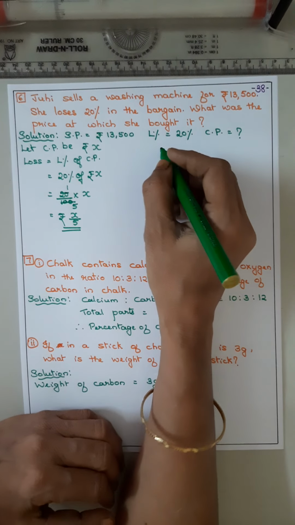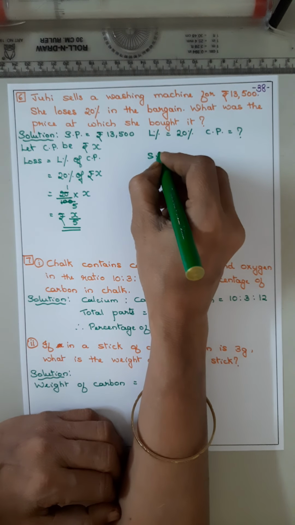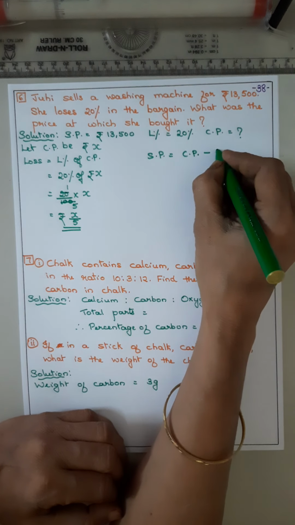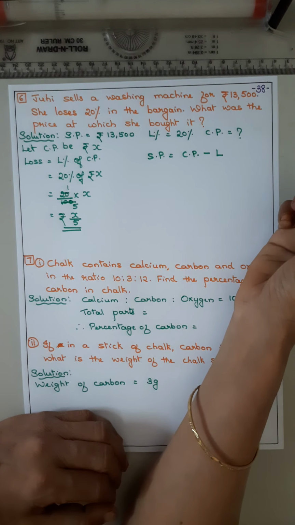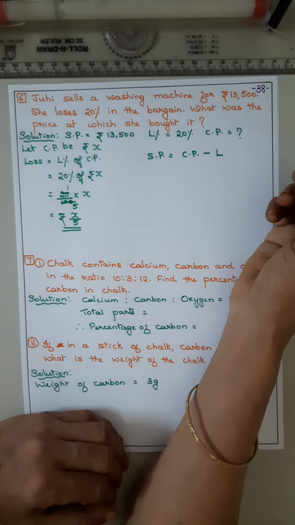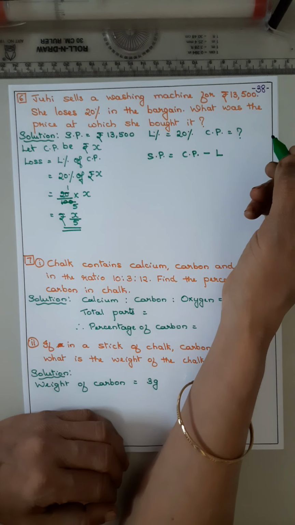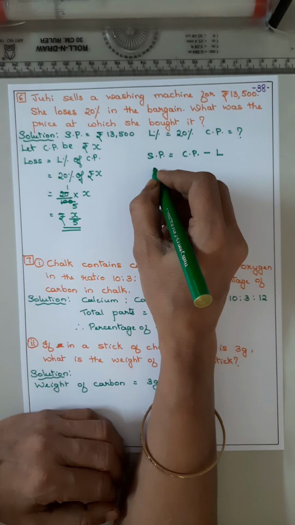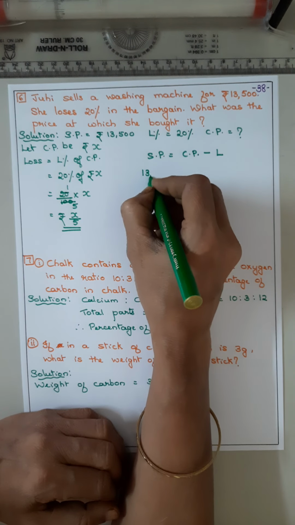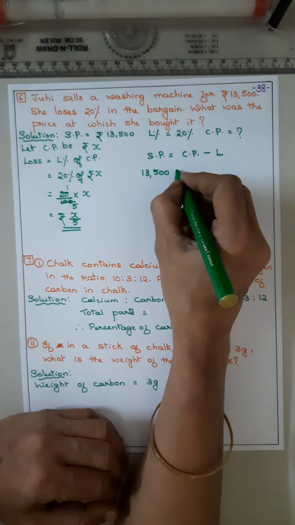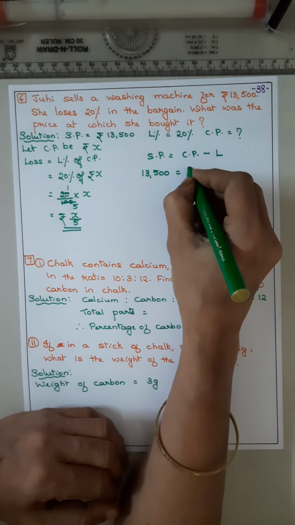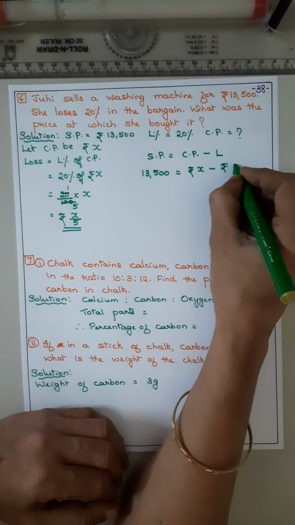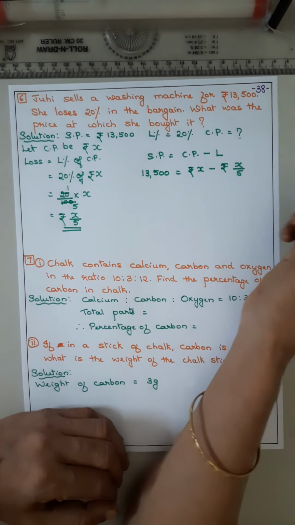अभी फॉर्मूला डालो. SP is equal to CP minus loss. हाँ है ना? So SP is equal to CP minus loss. Okay. SP कितना दिया है, 13,500. CP कितना है, ₹x minus loss अब में मिला x by 5.